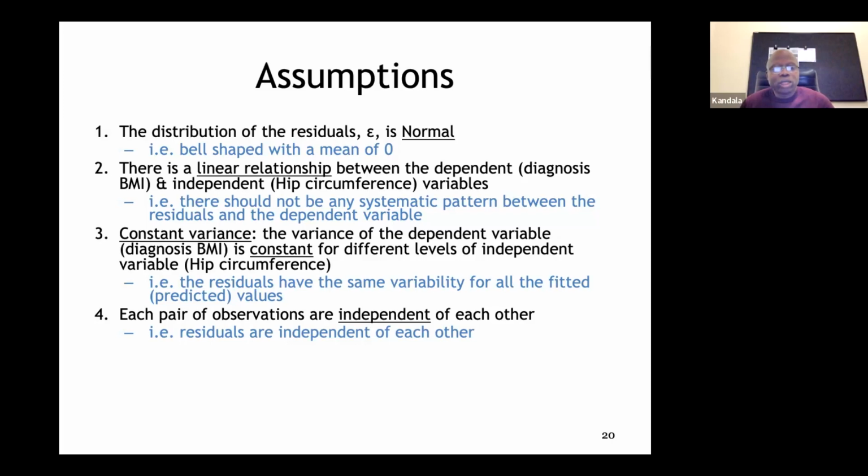And more importantly, each pair of observations must be independent from each other.